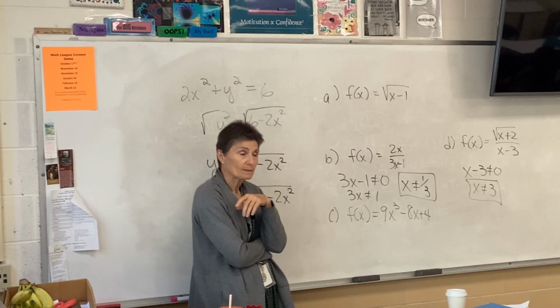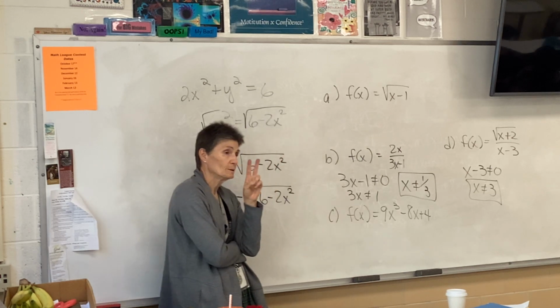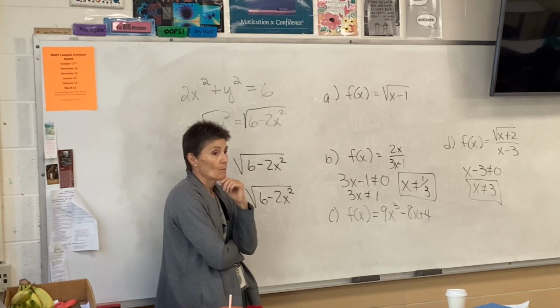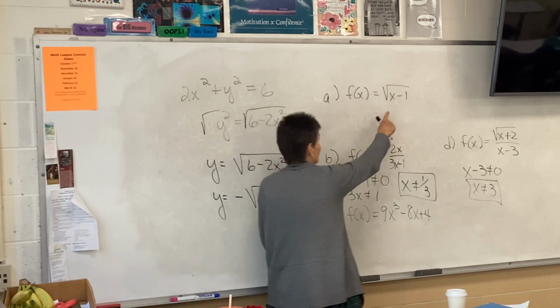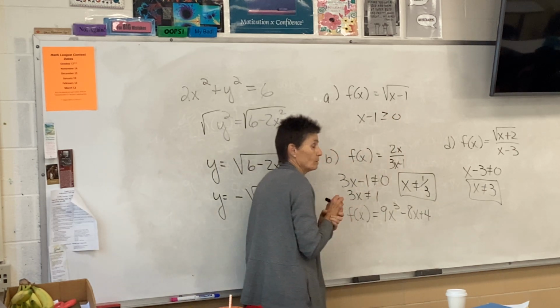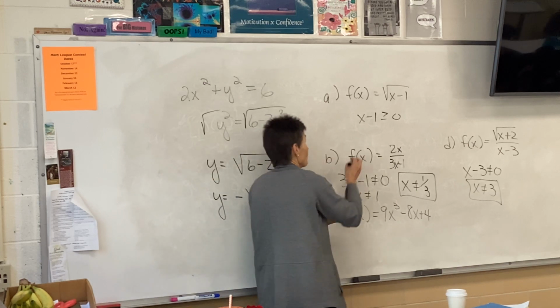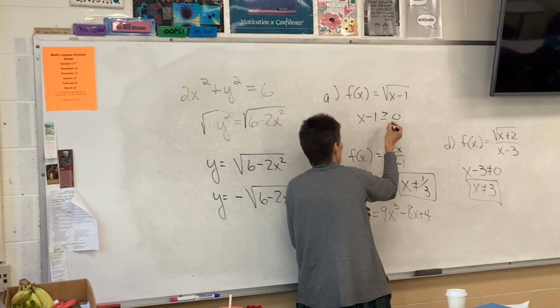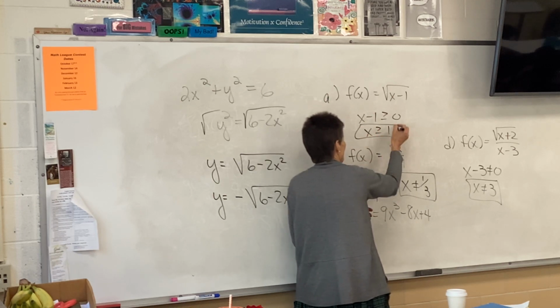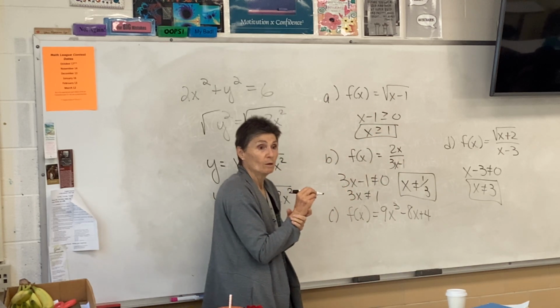All right? What's another rule? We have 2. What's the other one? Greater. Has to be greater than this. Whatever is under the radical has to be greater than or equal to 0. So in this problem, x minus 1 has to be greater than or equal to 0, which means x is greater than or equal to 1.